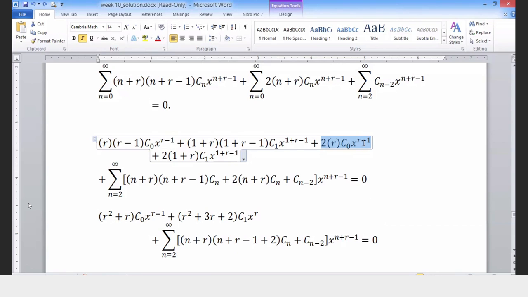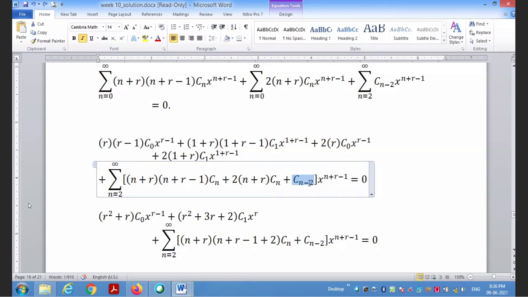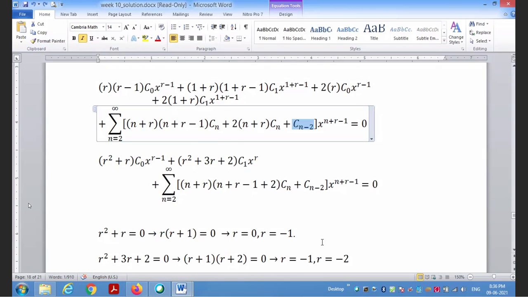Plus cn minus 2, xn plus r minus 1. All right, and then you can simplify this later. Now this will go to 0 here.